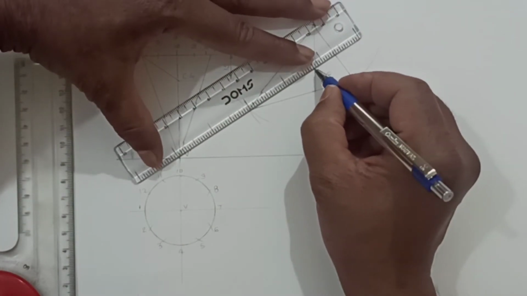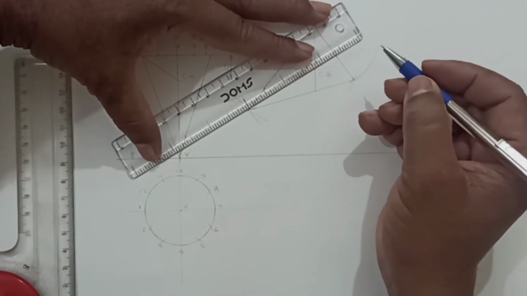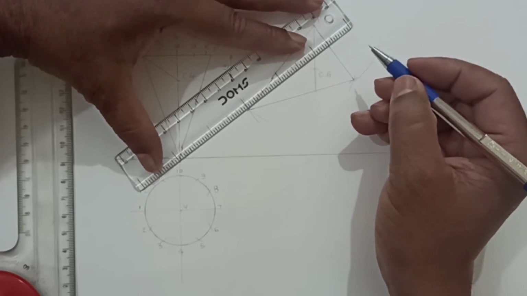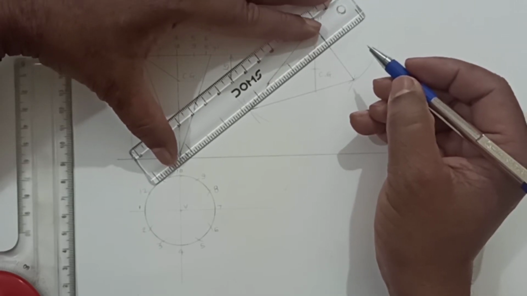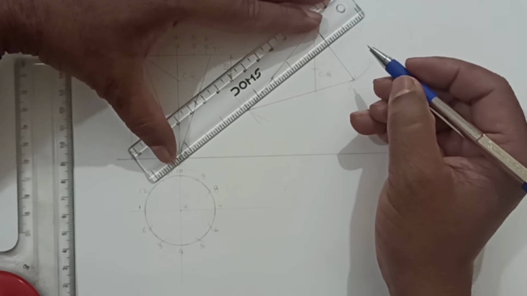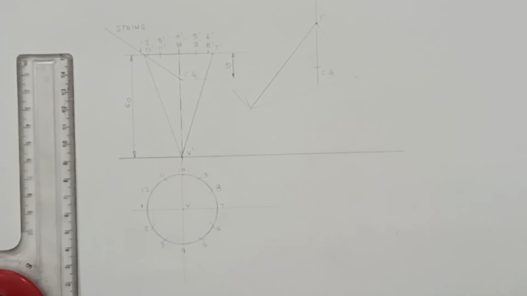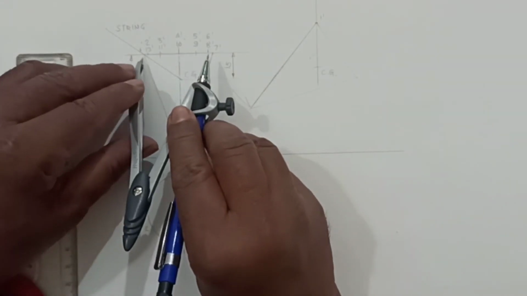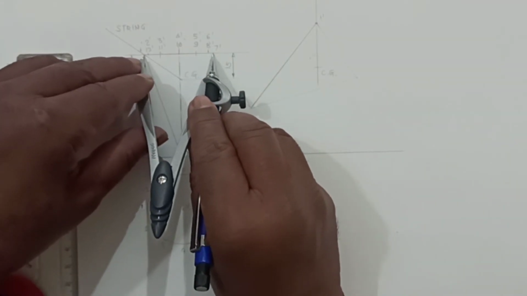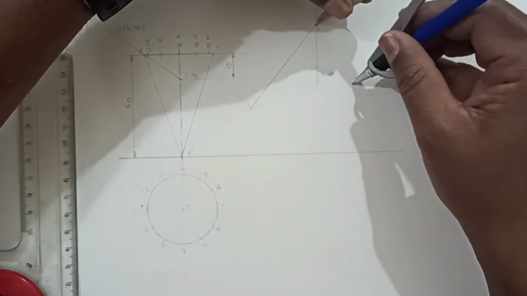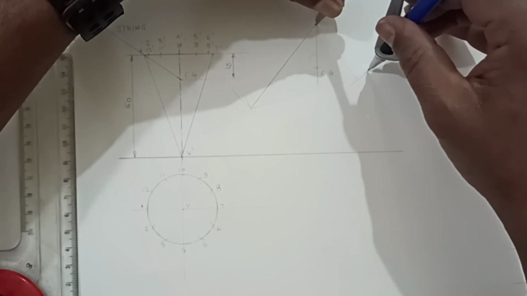Now draw the axis. Take this distance in the compass and mark the axis.